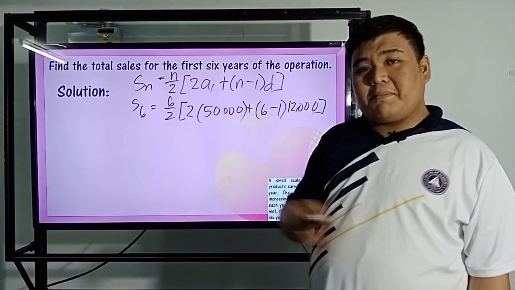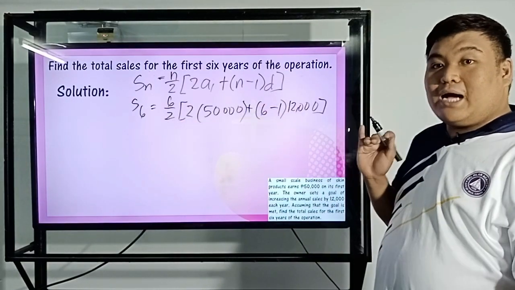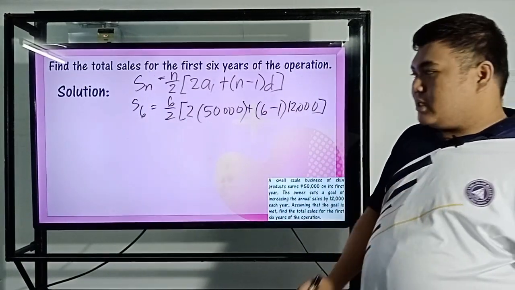Now, simplify. Mukha lang malaki yung numbers or mukha lang mahaba ang solution, pero madali lang din na ma-solve.